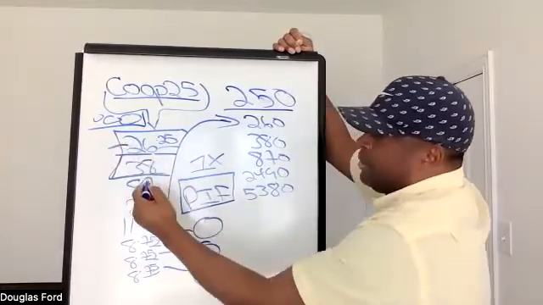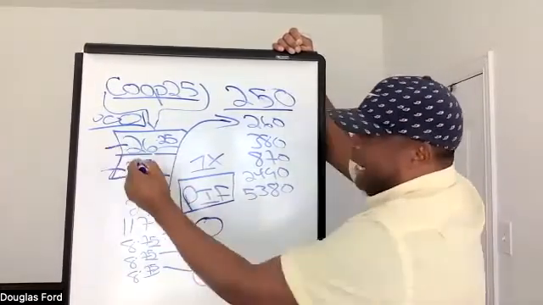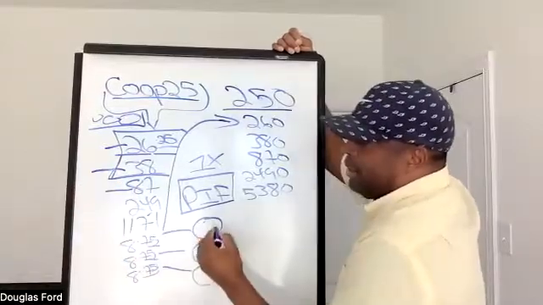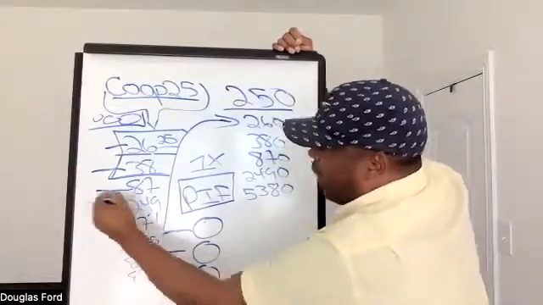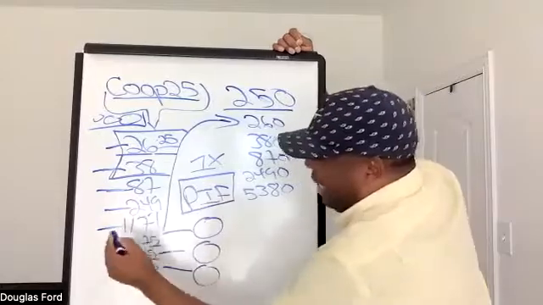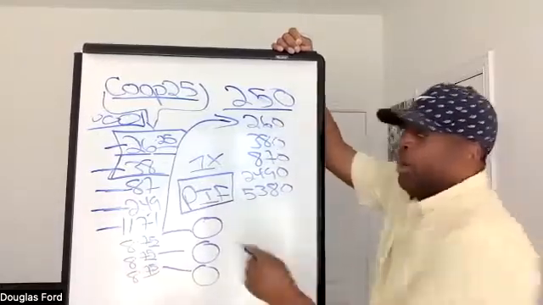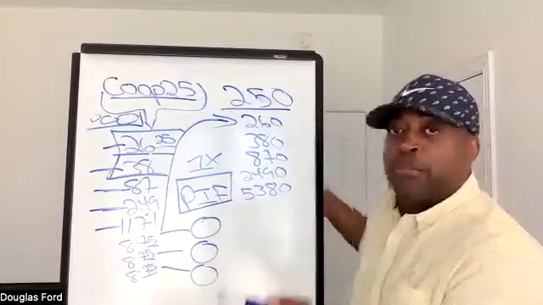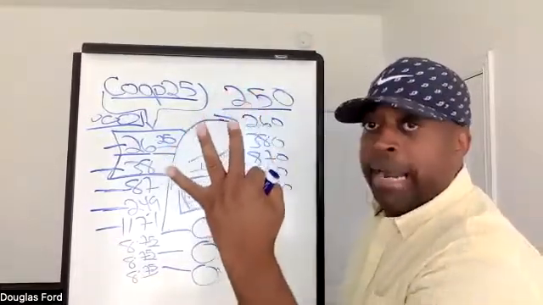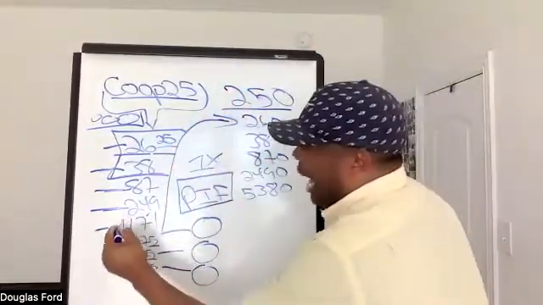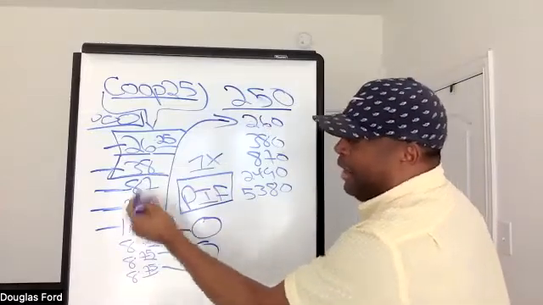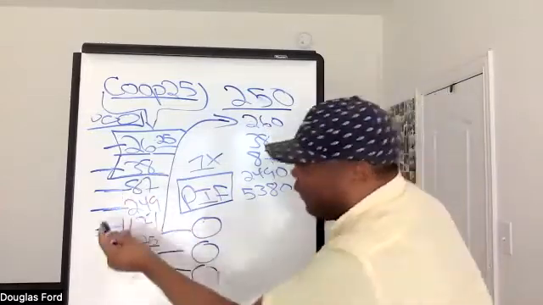You were here, and then you became here, but your friends were here. And then you became here, and then your friends are here. And then you became here, and your friends are here. What are you seeing? Your friends are gonna follow you. How many of your friends? Remember, 3, right? So as you upgraded over here, once you got to 250, they're gonna do what? The exact same thing. They're gonna upgrade.